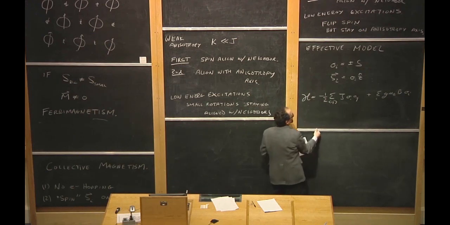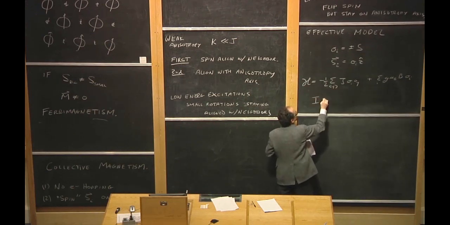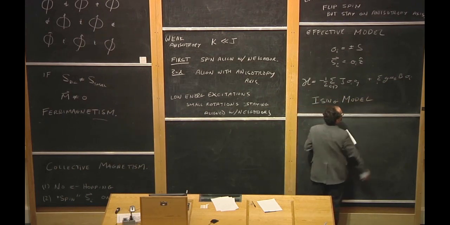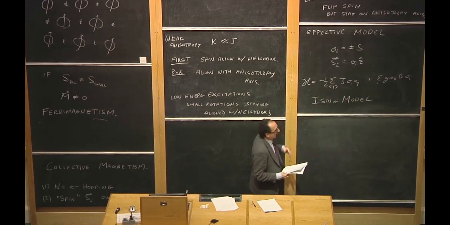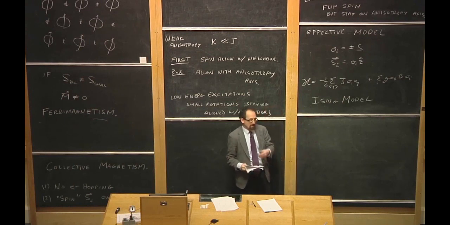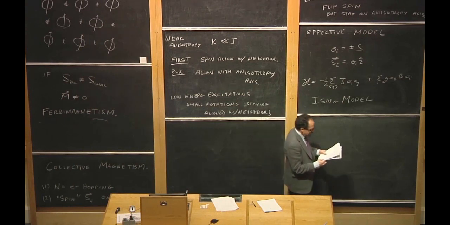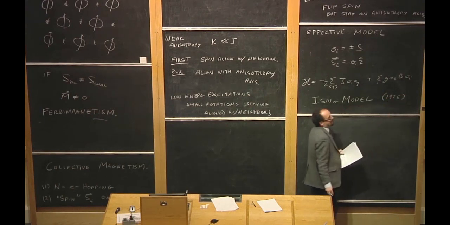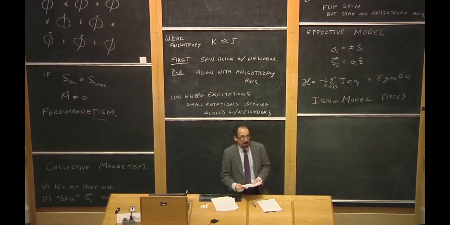This Hamiltonian is known as the Ising model, because it was invented by Lenz, not Ising. Ising was the graduate student who Lenz gave this to as a project in 1925, and he solved this for his PhD project in the one-dimensional case.